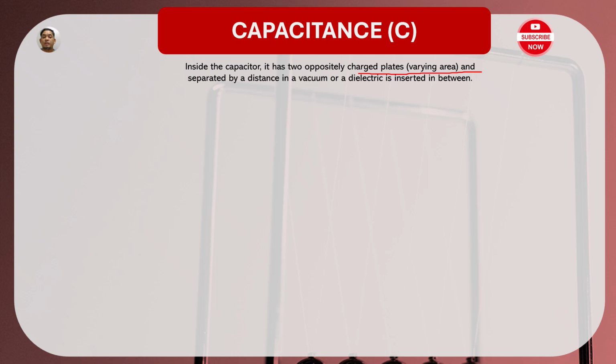It depends upon the problem, as long as you know the formula to get the area of these shapes. They are separated by a distance, mostly air or vacuum, or we have a dielectric inserted in between. We'll be discussing dielectric in our next topic, okay?